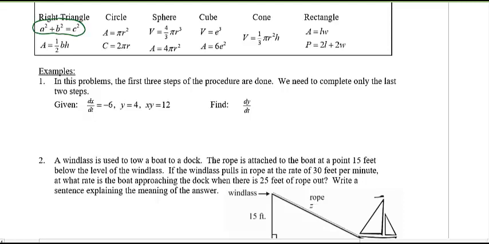The rate of change of x with respect to t is -6. The y variable itself is 4 at some moment in time. And what they also told you was that the relationship between the 2 variables, x and y, is xy equals 12. So this is the related equation.